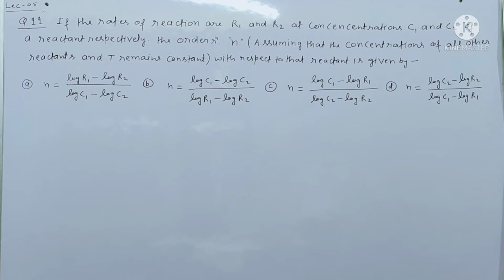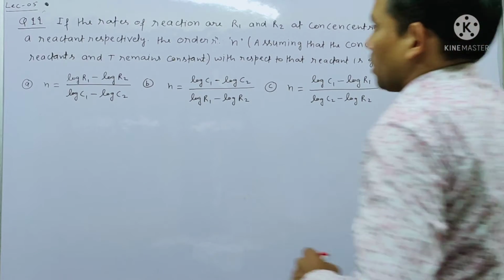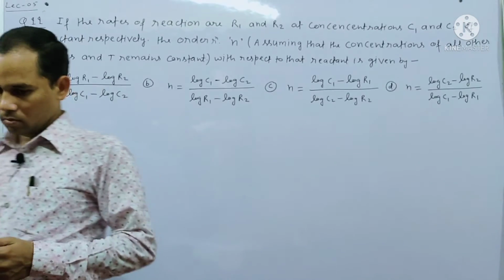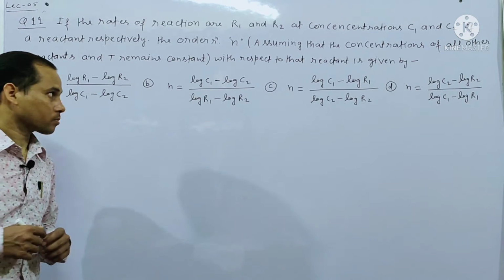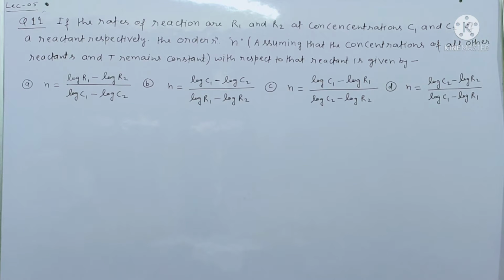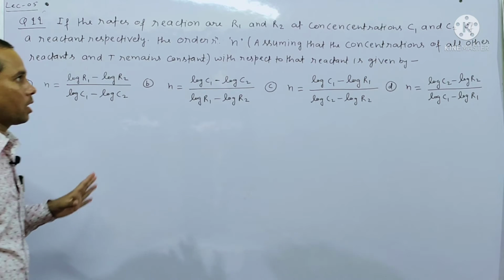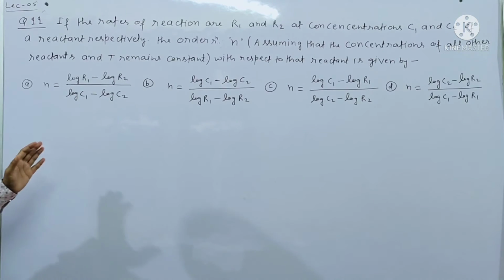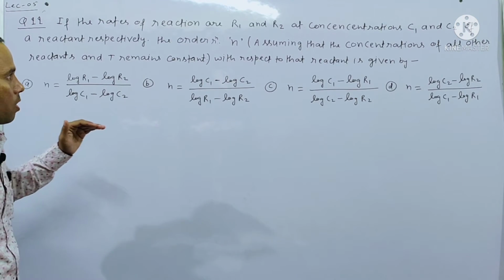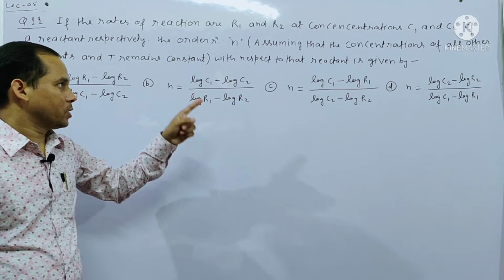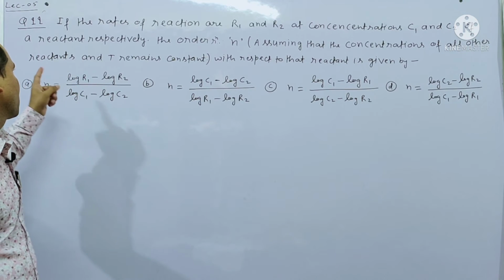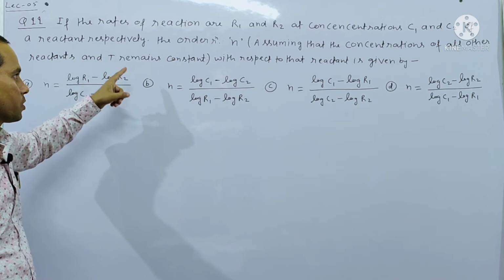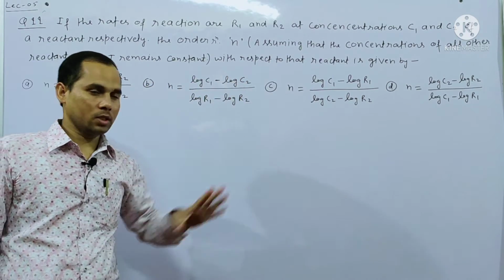Let's take one question based on the method of initial rate. This question was asked in June 2016. If the rates of reaction are R1 and R2 at the concentrations C1 and C2 of a reactant respectively, find the order n, assuming that the concentrations of all other reactants and the temperature remain constant.